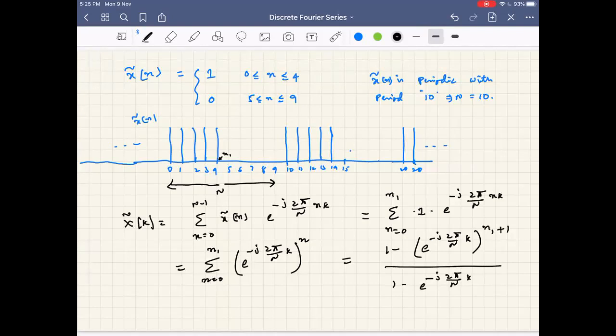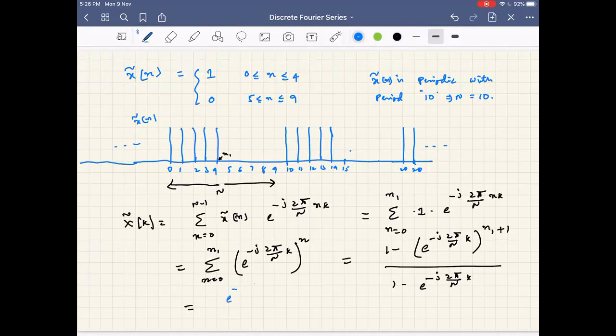This you can simplify like this, and this can be better expressed in sinusoids. So let us write this explicitly. Let me write with a different color just to have a better contrast.